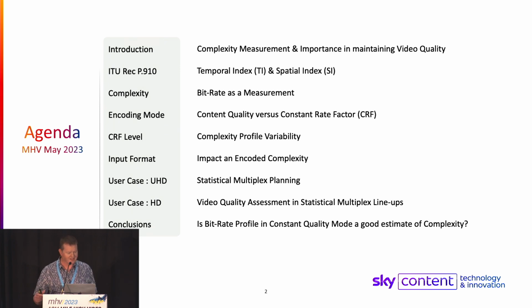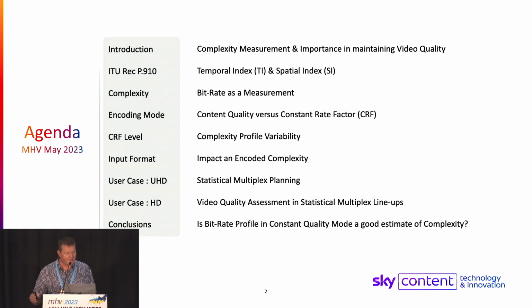So what we'll be looking at is the incumbent systems, the ITU 910 spec and temporal index and spatial index. We'll look at bitrate as a measurement of complexity, a little bit on encoding modes, a little bit on constant rate factor and complexity profile variability. One of the things that has continually cropped up is this issue about input format, whether you use mezzanine formats or baseband SDI.